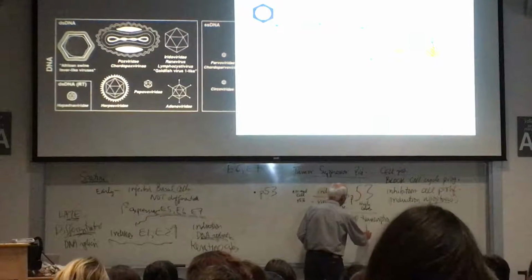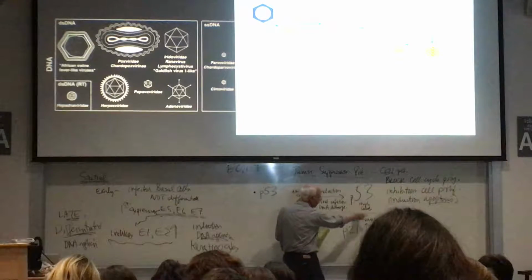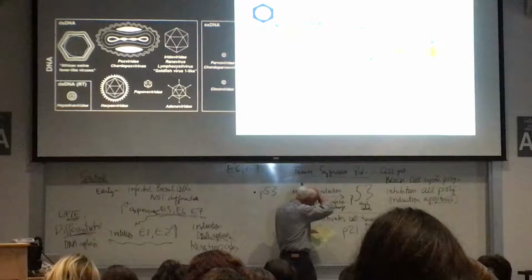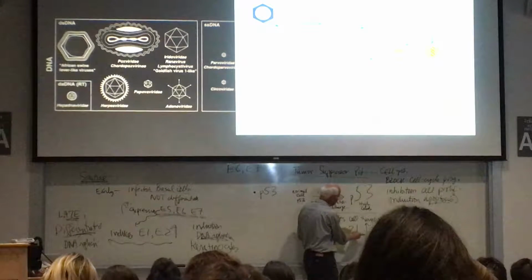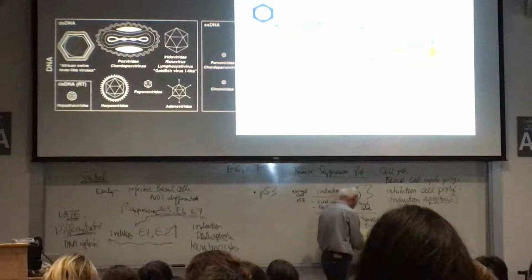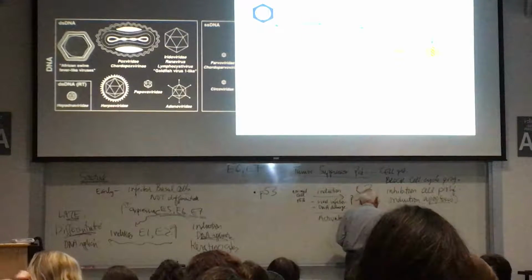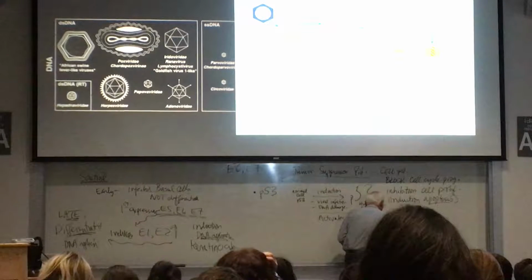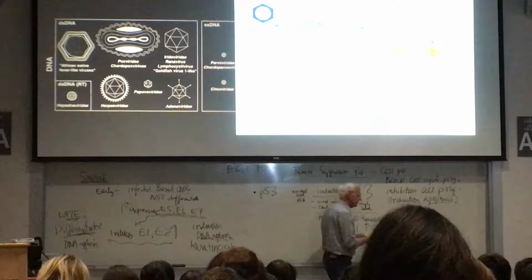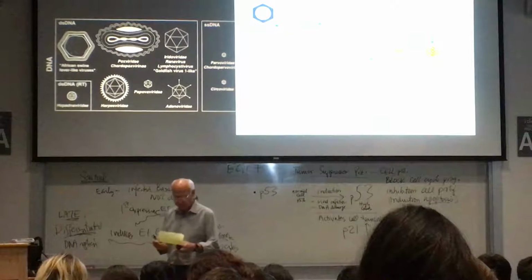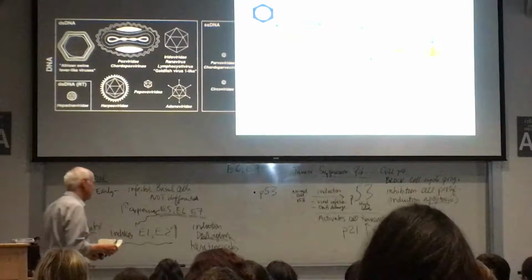So p21 is induced by p53, because p53 is a transcriptional regulator. And so what p21 does, you induce the RNA, and then you make the protein, and this causes growth arrest at G1 in the cell cycle. So if you can make a bunch of p21, then you arrest the cell cycle at G1.